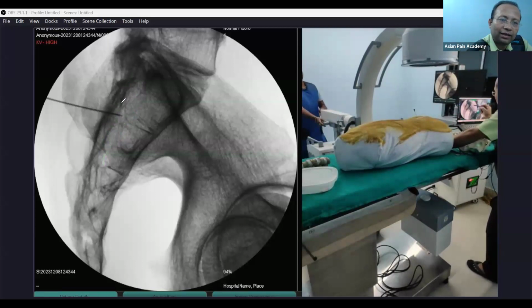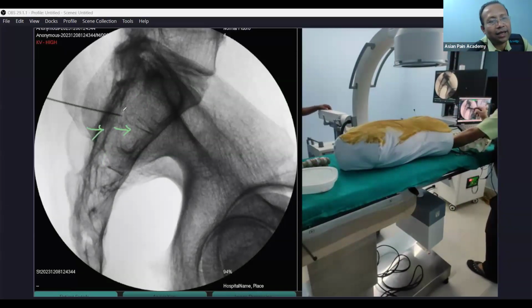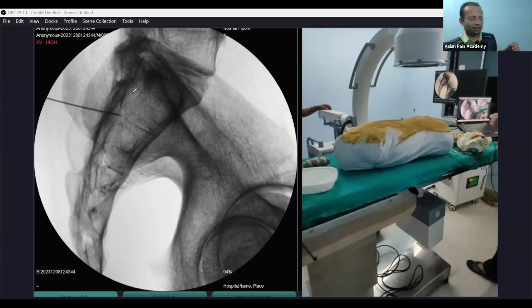But for that, this lateral view should be a true lateral view. Otherwise, if it is tilted, it can happen that the needle tip is in the epidural space, but you are seeing it up to here, whereas it has entered the actual plane. So always check in the true lateral view of the sacrum.